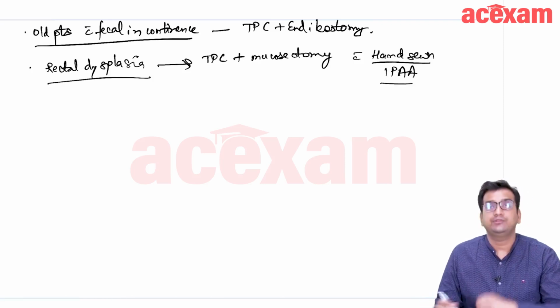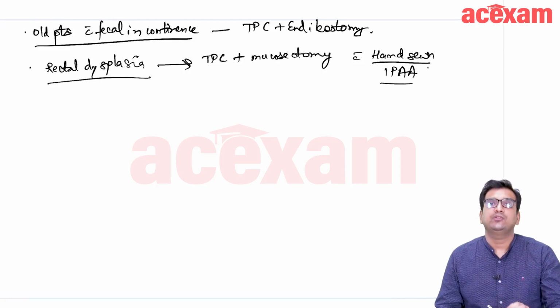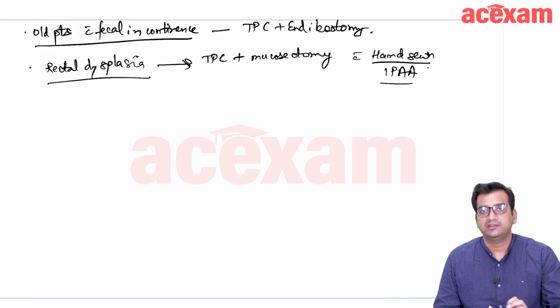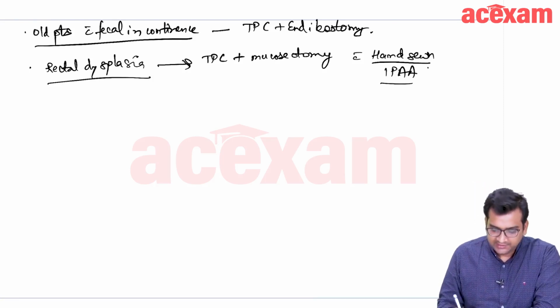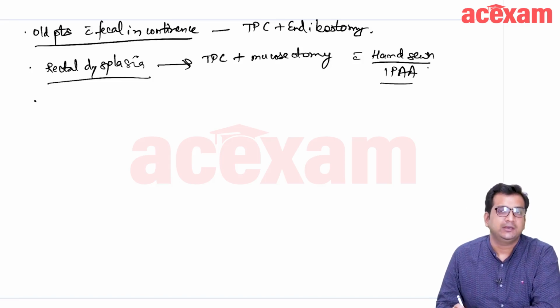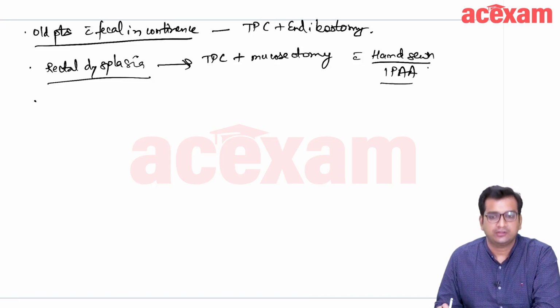We'll remove the whole of the mucosa above the dentate line, because with the stapled approach it is very difficult to remove the whole of the mucosa, and some rectal mucosa is left. That is why mucosectomy with hand sewn IPAA can be performed in cases of rectal dysplasia. In cases of rectal malignancy, this mucosectomy with hand sewn IPAA is not performed. Generally, total proctocolectomy with end ileostomy is performed.